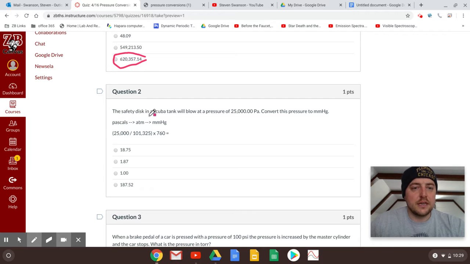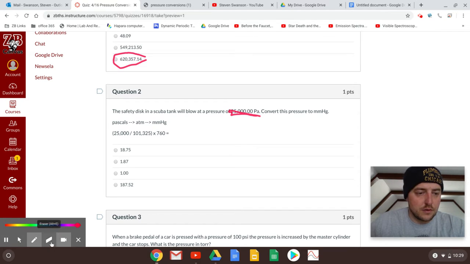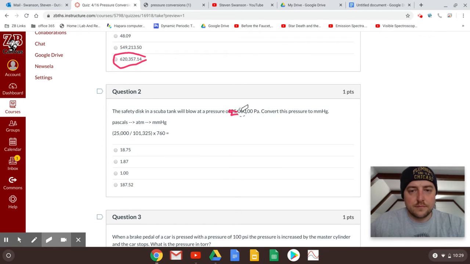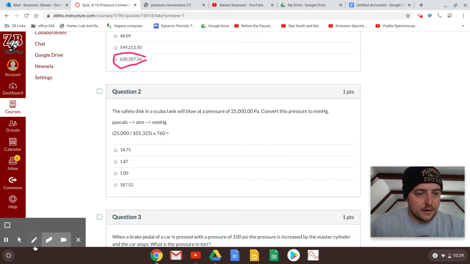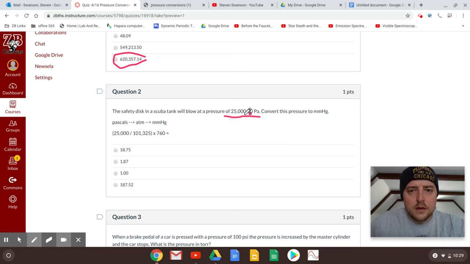Question number 2. The safety disc in a scuba tank will blow at a pressure of 25,000 pascals. So this is where we start. Convert this pressure to mmHg. That's where we end.